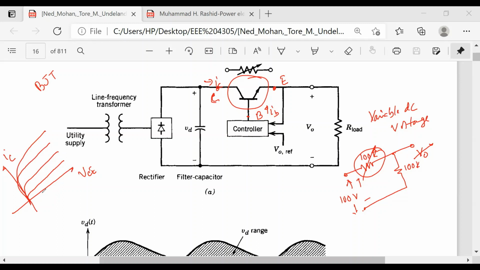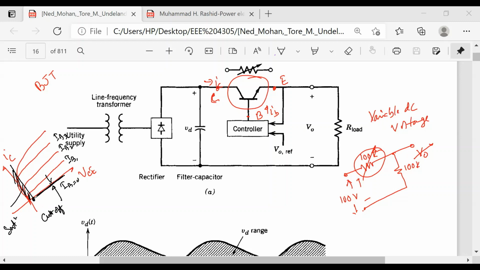Okay, so here if IB equals 0, we will be here. And for different values of IB, we will get different curves by changing the value of this. Suppose we have a circuit here. This is your cutoff region when IB equals 0, and here this is the saturation region.